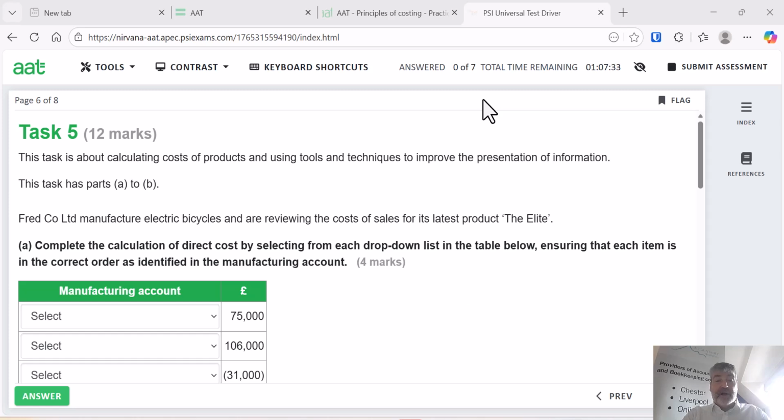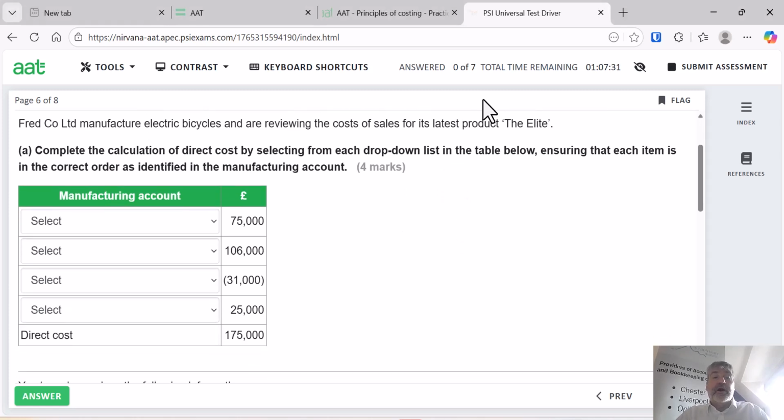In the first part of the task, we are asked to complete the calculation of direct costs of production or manufacturing by selecting the appropriate description for the values that are already shown in the table. The total direct cost of production are £175,000. So let's remember what sort of costs make up the direct costs of production or manufacturing.